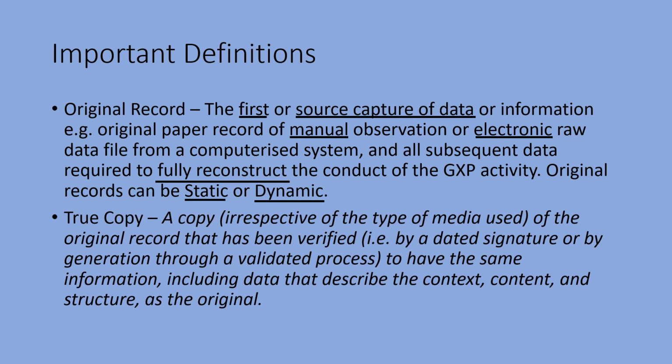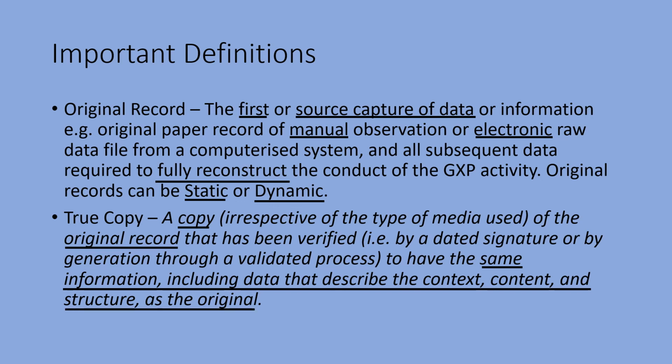A true copy is a copy, irrespective of the type of media used, of the original record that has been verified, that is, by a dated signature or by generation through a validated process, to have the same information, including data that describe the context, content and signature as the original.